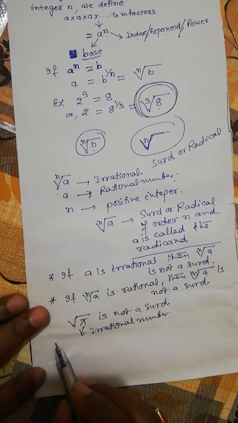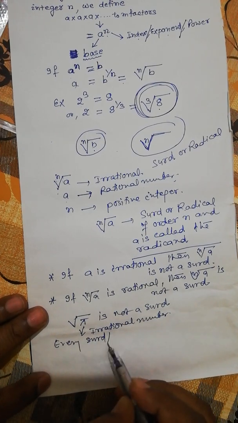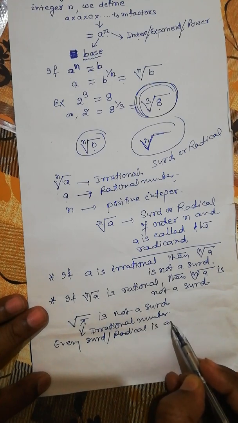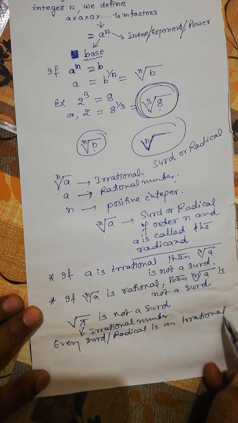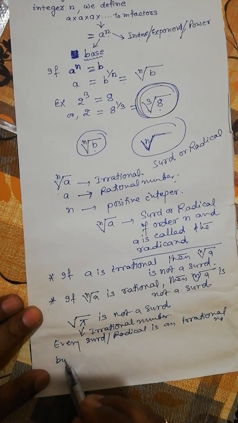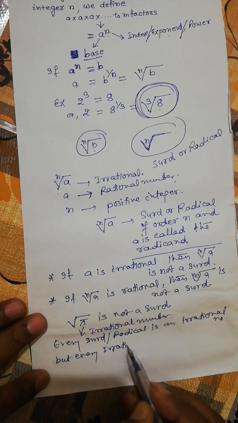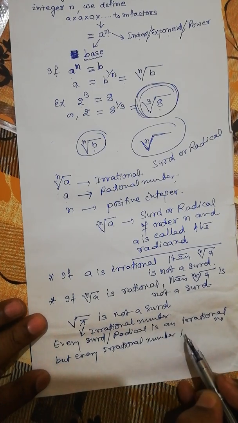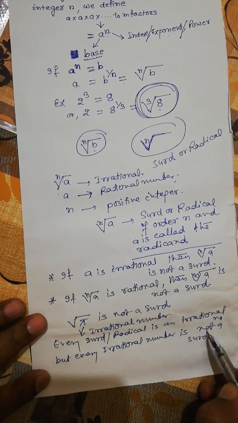It is very important. Every surd or radical is an irrational number, but every irrational number is not a surd.